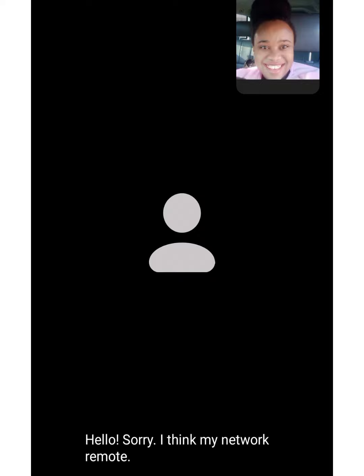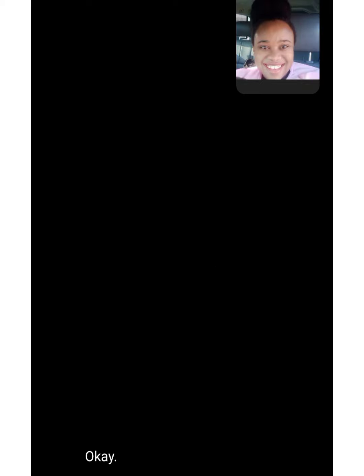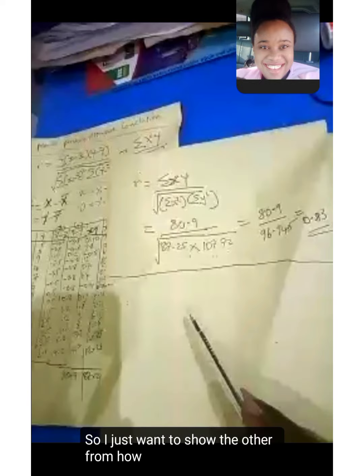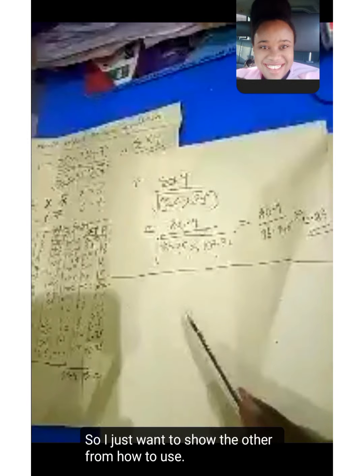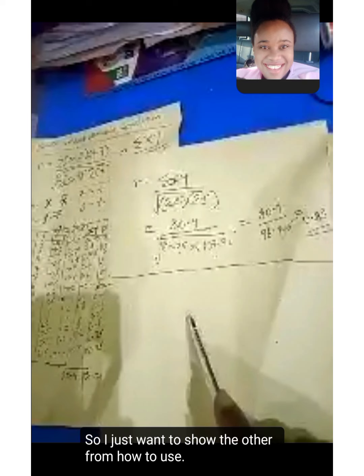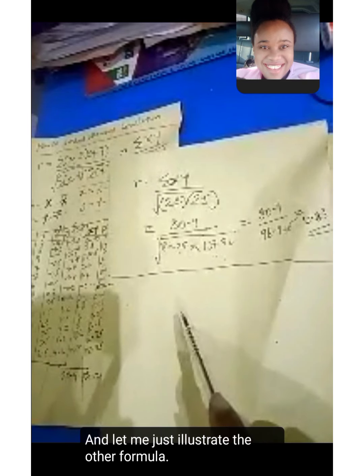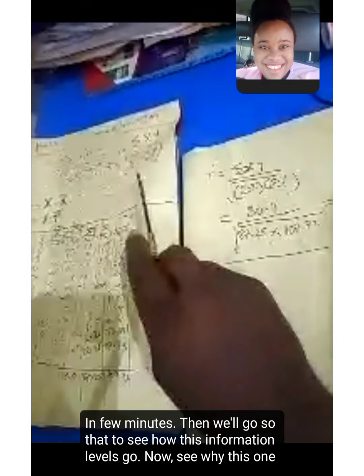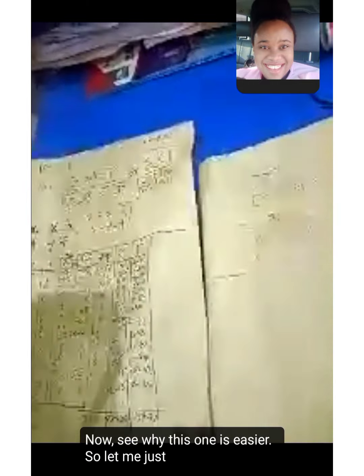So I just want to show the other form and how to use it. Let me just illustrate the other formula in a few minutes, so that we'll see how the same formula works, and why this one is easier. So let me put the second formula and we'll see how we can get the values from the table.